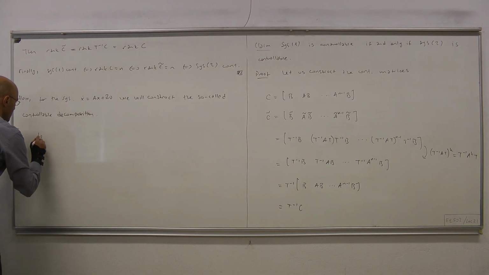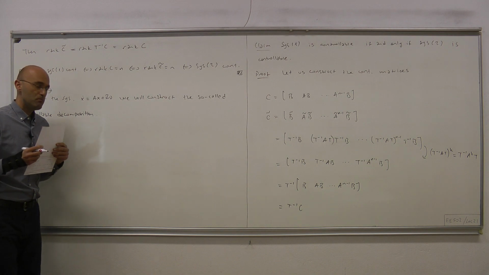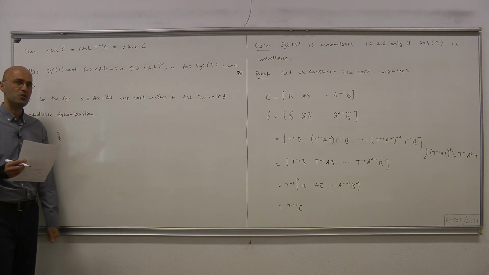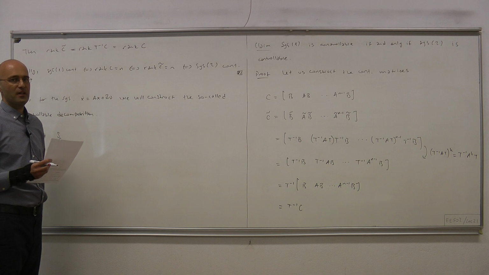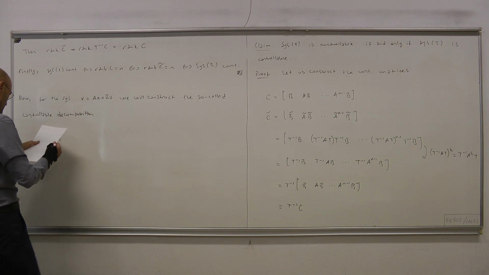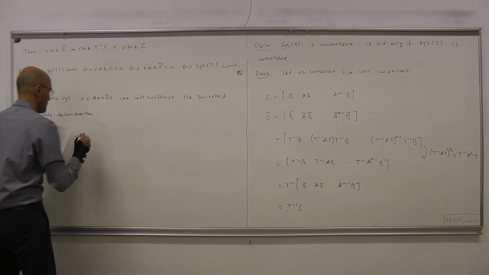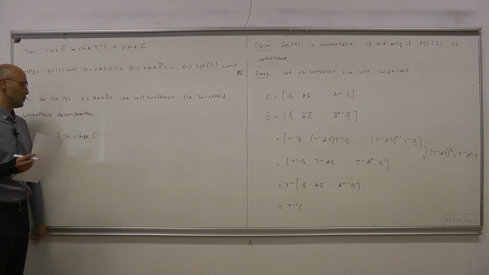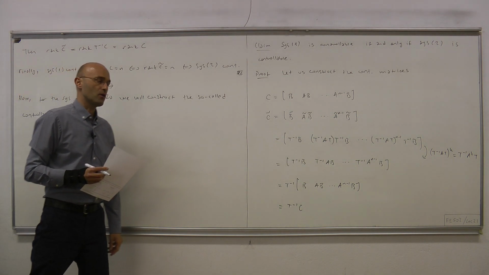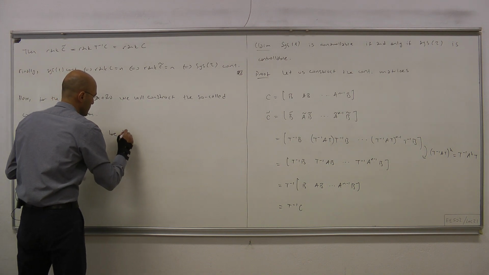So we begin by introducing the following notation. Let SC be the controllable subspace of the system x dot equals Ax plus Bu, or the pair AB, which we know from our earlier studies equals the range space of the controllability matrix.